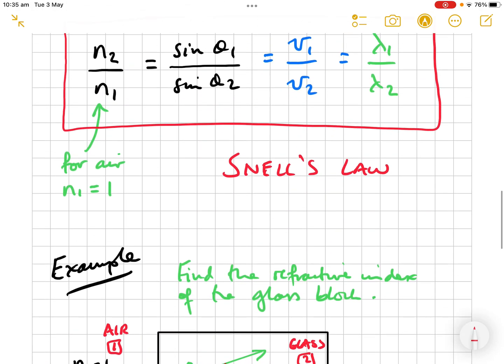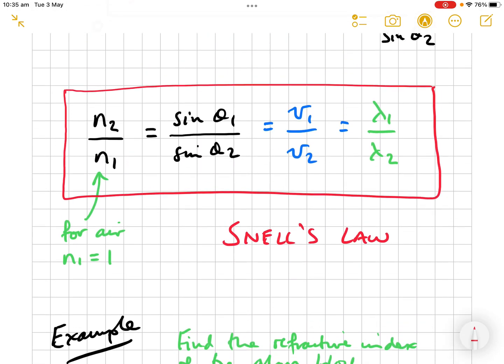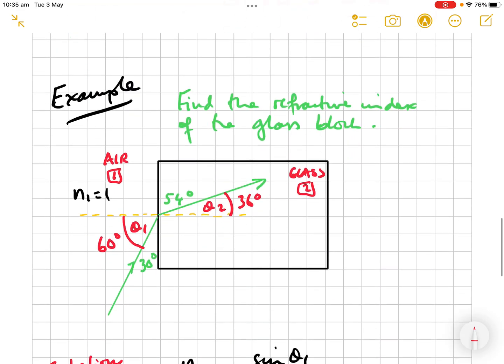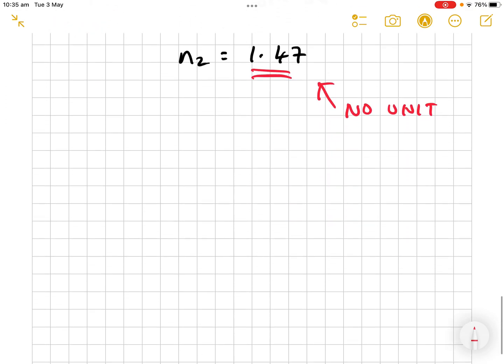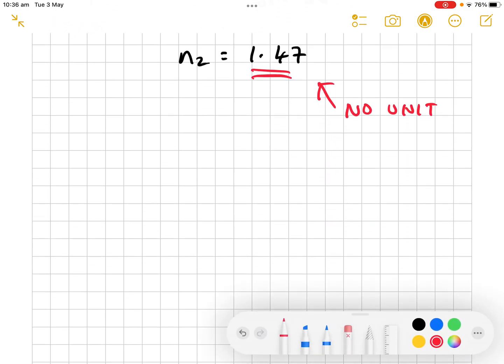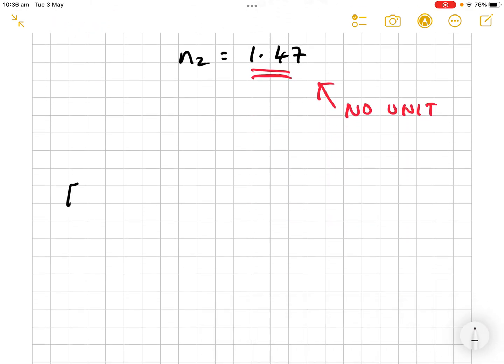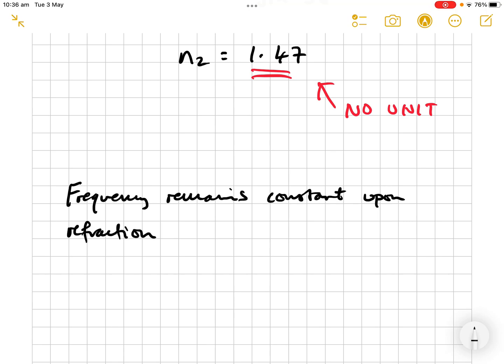Now, you may have noticed that in the Snell's law equation, the frequency of the light is not mentioned. It doesn't appear in the equation, and that's because frequency remains constant upon refraction.